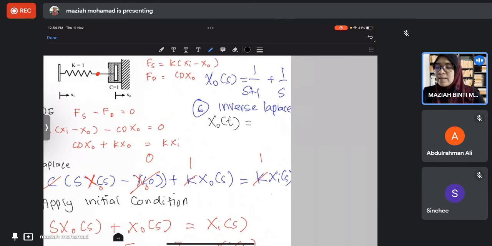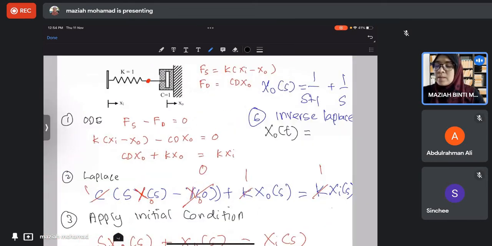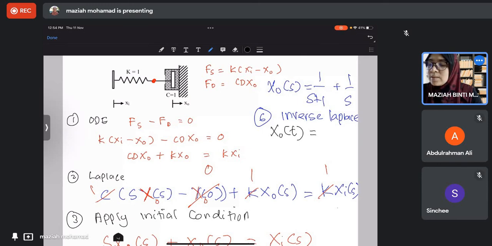So writing here, it will become 1 plus exponent negative t. Okay, so that is the time response equation for the system. For the spring damper system, you do all the steps. Step number 1, produce the ODE. Step number 2, transform into Laplace.